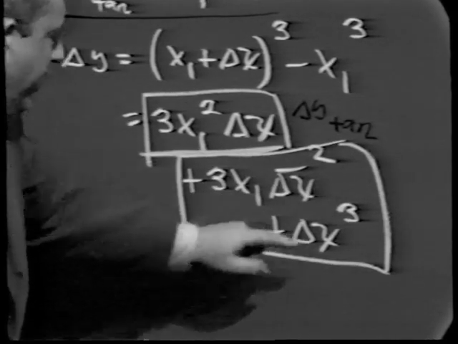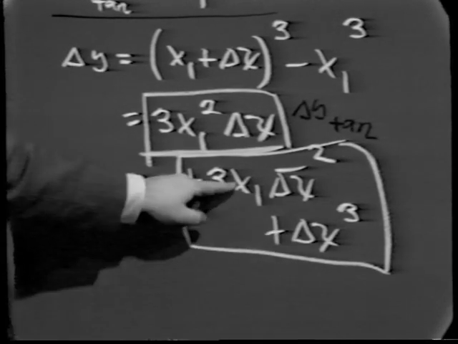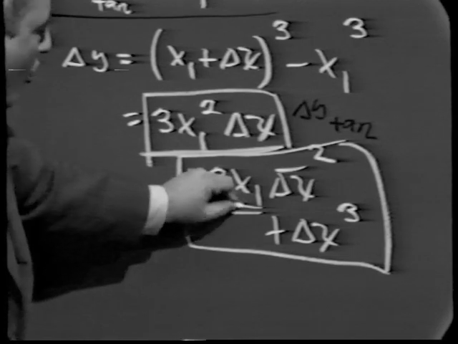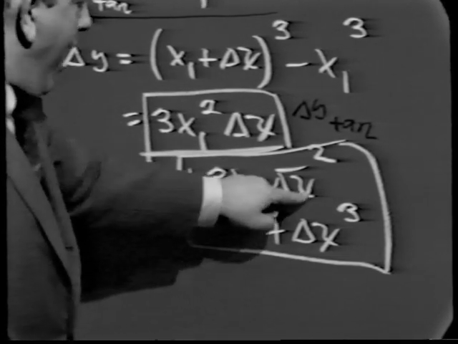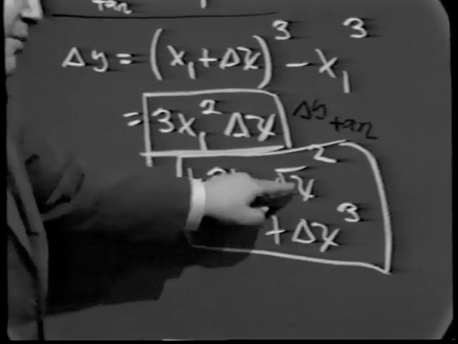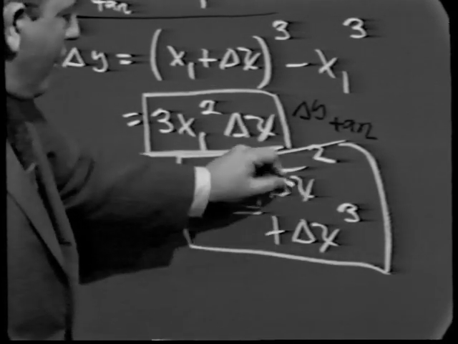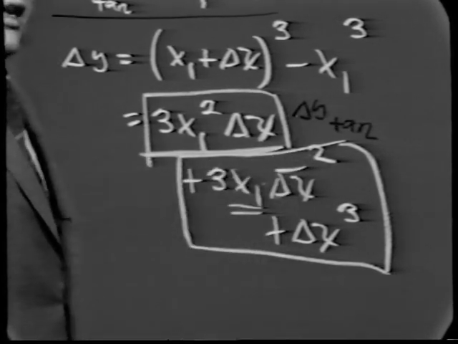And now, if you look at this particular portion over here, observe that as we expected, the size of this thing depends both on where we're measuring, x1, and also on how big the size of the interval is, namely delta x. And notice something that we're going to come back to here. Notice that the delta x factor here appears at least to the second power.